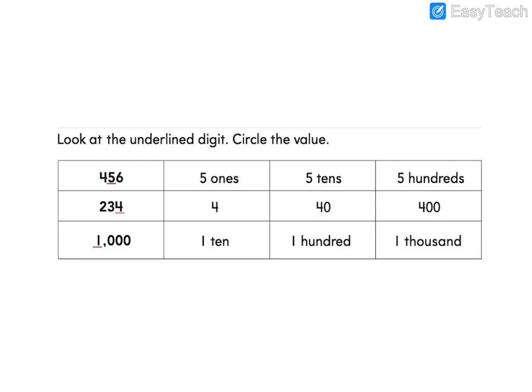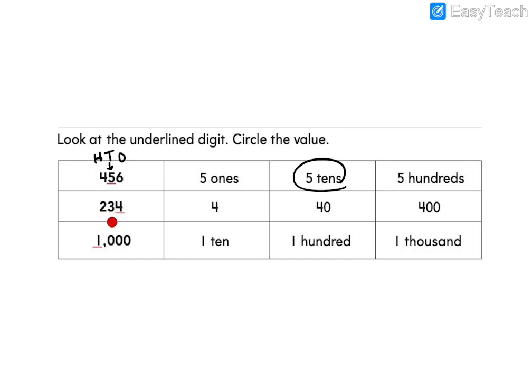Each of these has an underlined digit. We need to circle the value of that digit. Go ahead and circle the value of the digit 5 in 456. You should have circled it was equal to 5 tens because it's in the tens place.